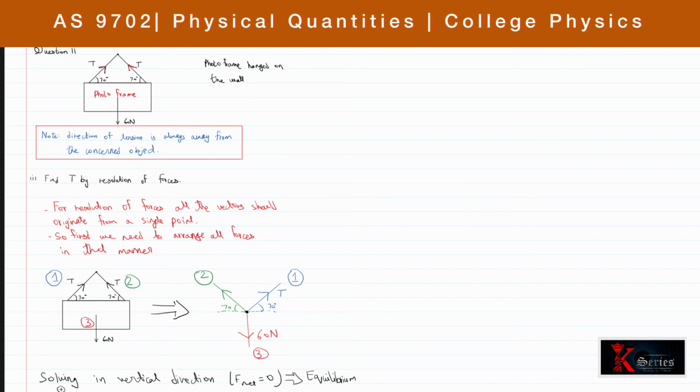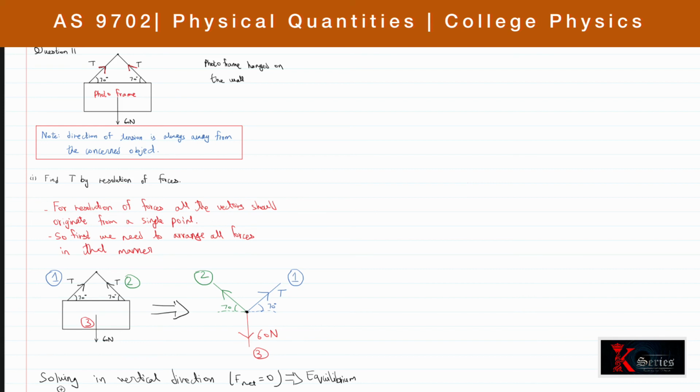For the resolution of forces, all vectors shall originate from a single point, right? In order to make sure that all the vectors originate from a single point, we need to arrange all forces in that manner. Over here we can take the first tension as the first force, the second tension as the second, and the weight as the third force, right?